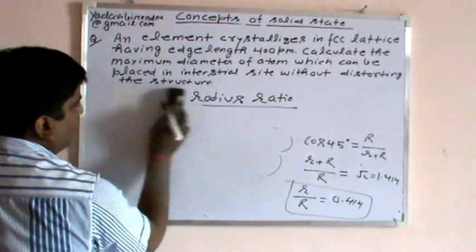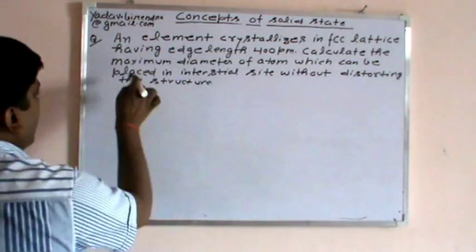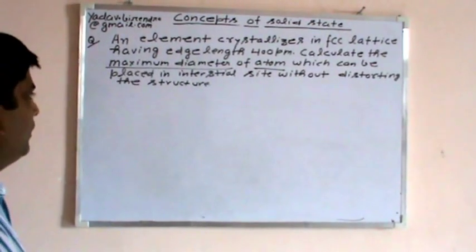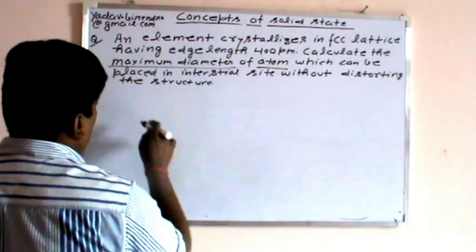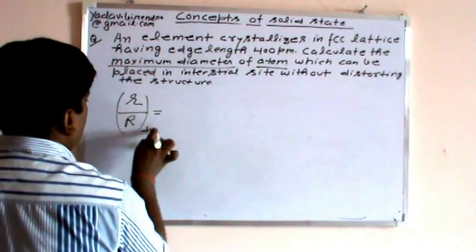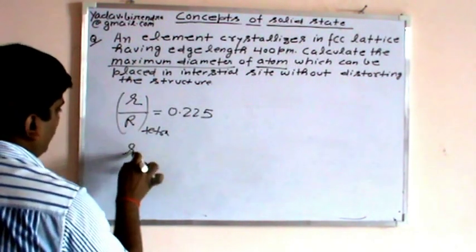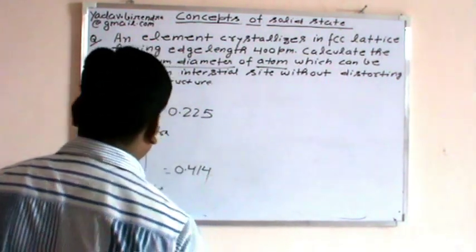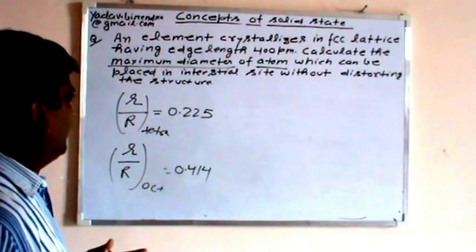Now if we look at the question, it says you need to find the maximum diameter of the atom which can be placed inside the void. If we compare the tetrahedral void and octahedral void by looking at the radius ratio, in case of tetrahedral void the radius ratio comes 0.225, and in case of octahedral void the radius ratio comes 0.414. So obviously to get the maximum diameter we need to take the octahedral void.